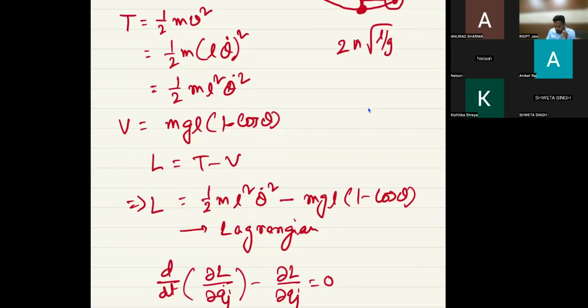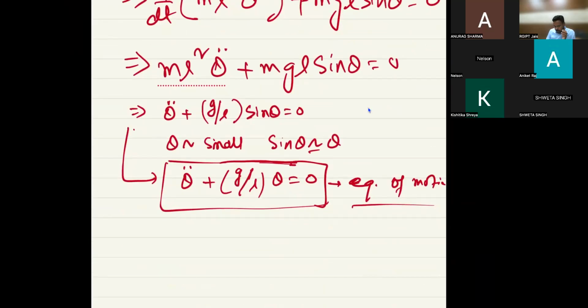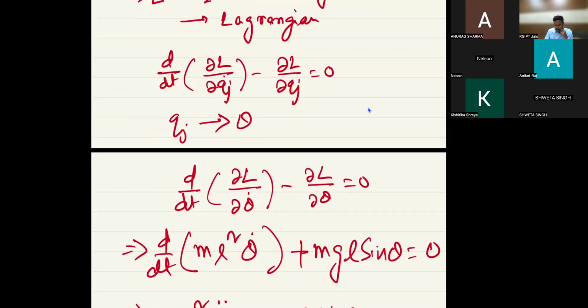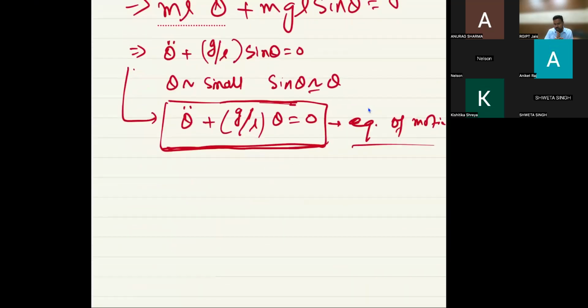But you can see you get the same equation of motion. You can get this simply by considering the potential energy and kinetic energy and doing Newtonian mechanics. But here we're using a different formalism, and that is also giving the same result. But it has some other advantages, particularly when you have a complex system or if you go into other kinds of mechanics. That we'll discuss in the very last class.